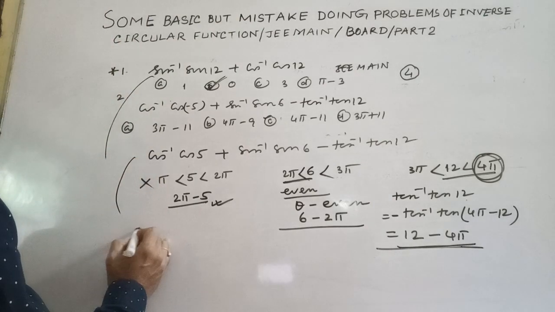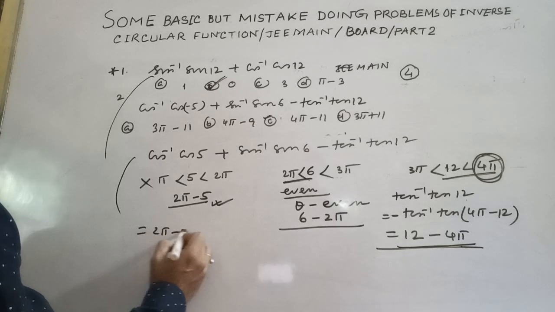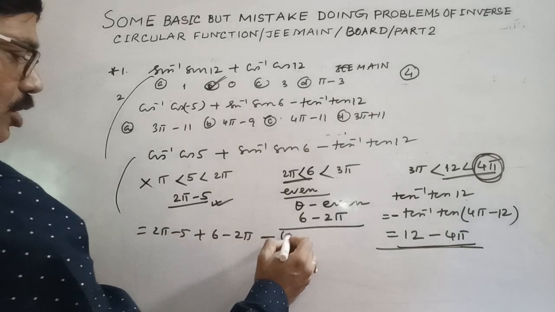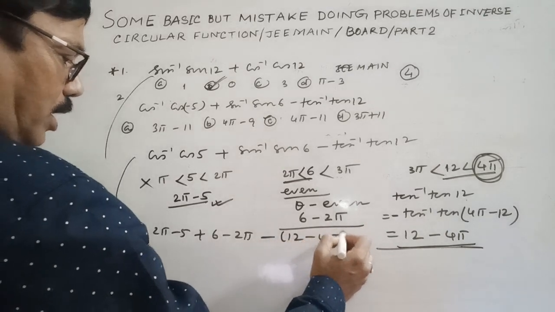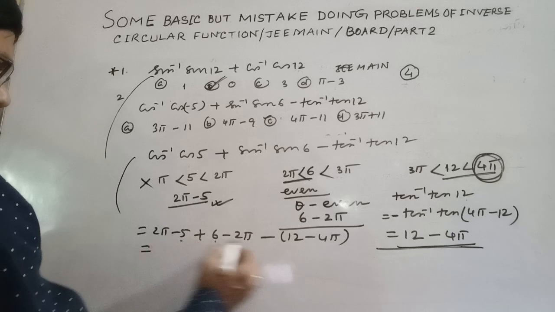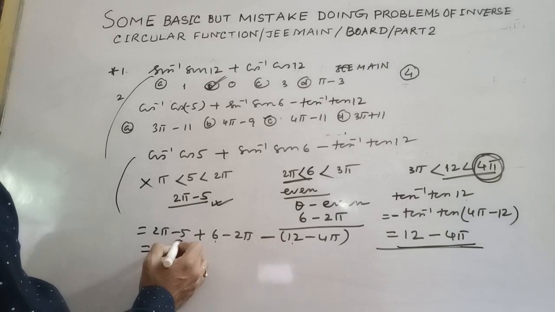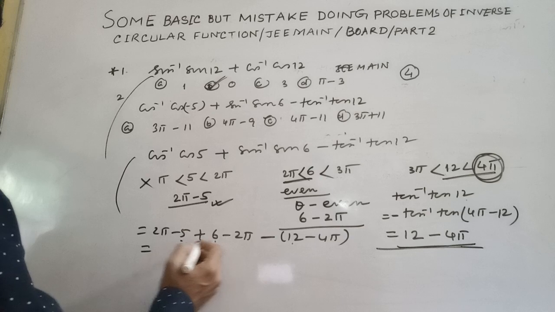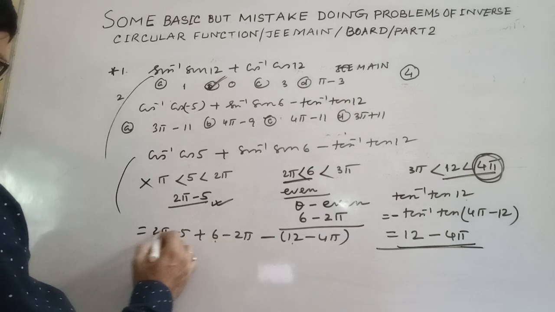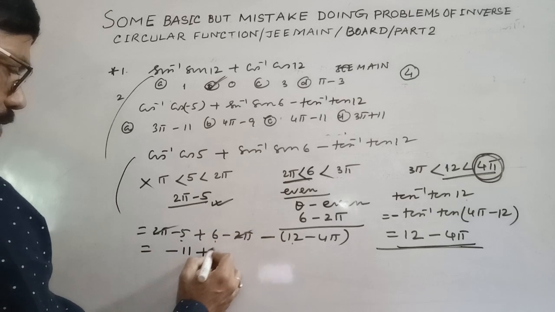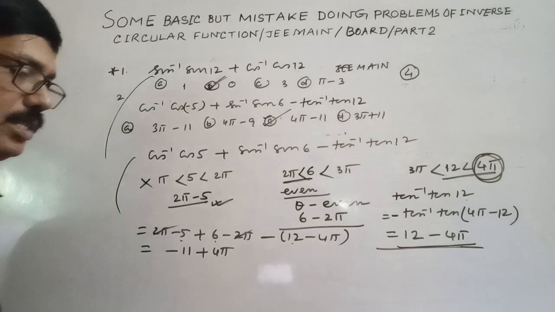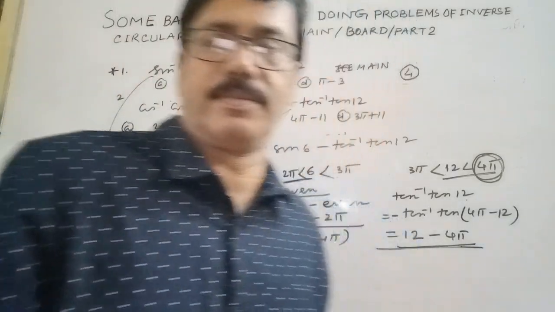So we are getting 2 pi minus 5 plus 6 minus 2 pi plus 12 minus 4 pi. So 6 and 12 is 18, minus 5 is 13... altogether the constants give minus 11. 2 pi cancels, and this is 4 pi. So 4 pi minus 11 is the correct answer.